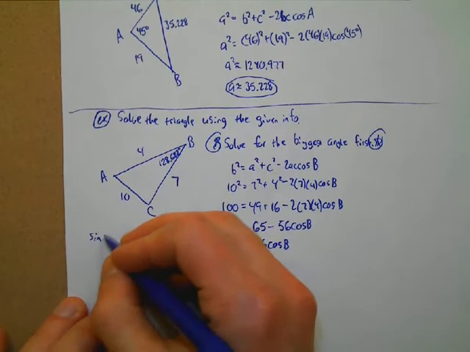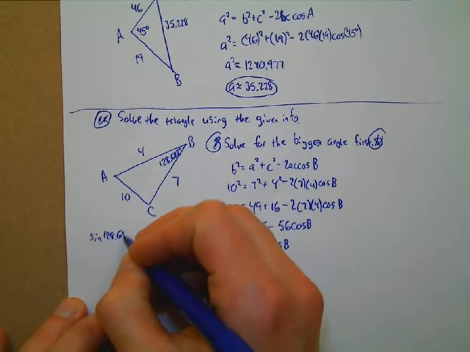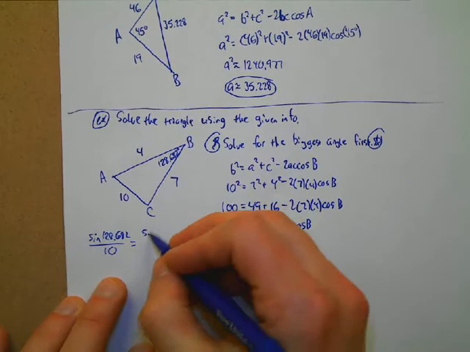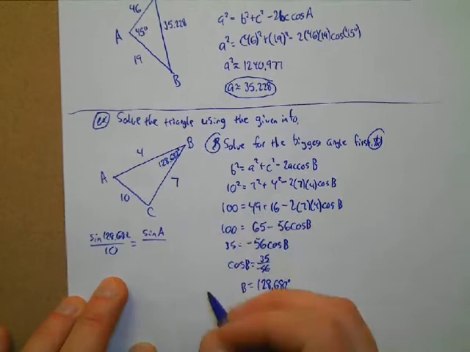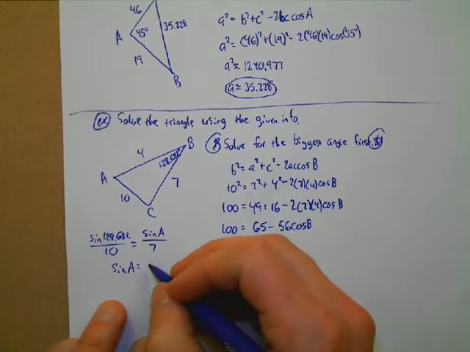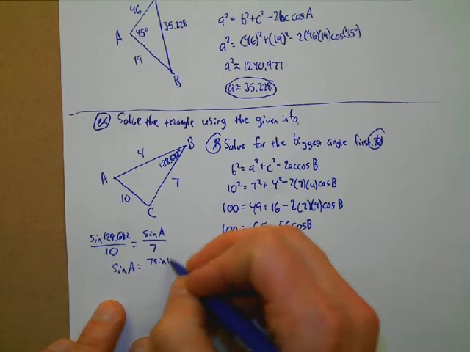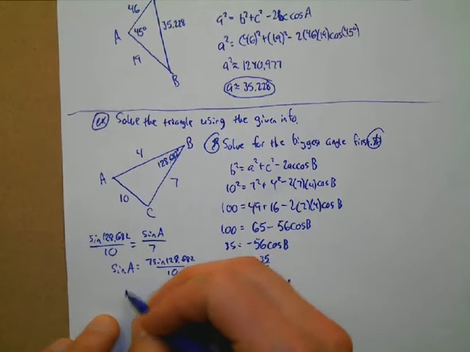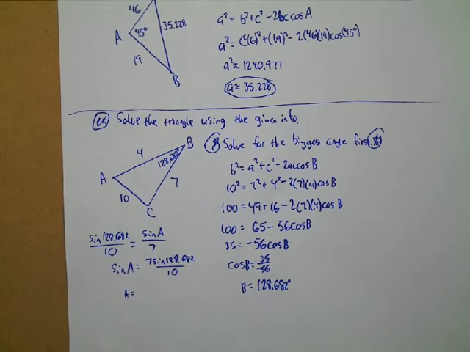Sine of A divided by 7. Perfect. Cross multiply and solve for sine of A, and you get 7 sine of 128.682 over 10, and then we take sine inverse of both sides. And you get 33.123.